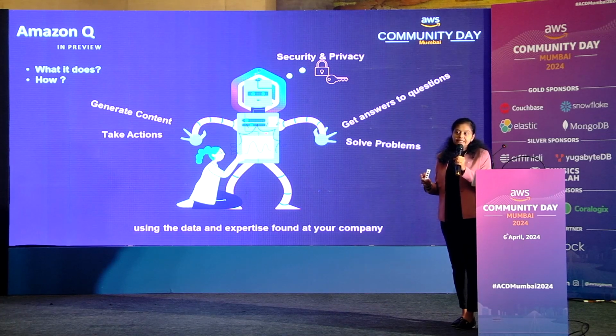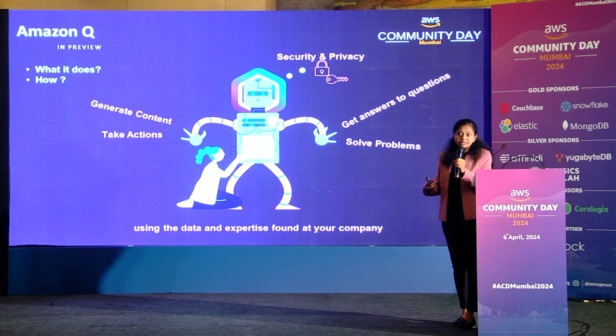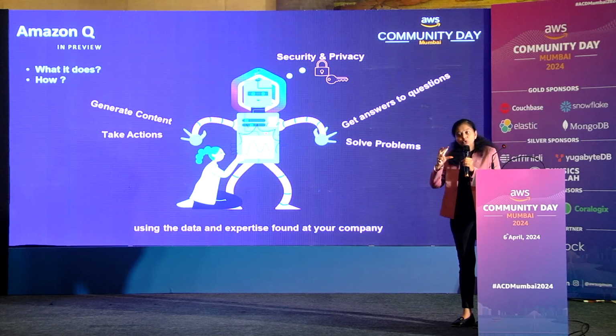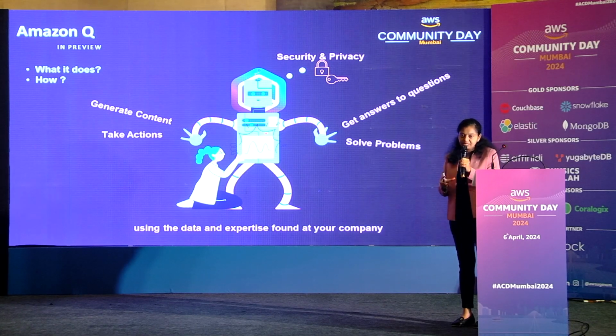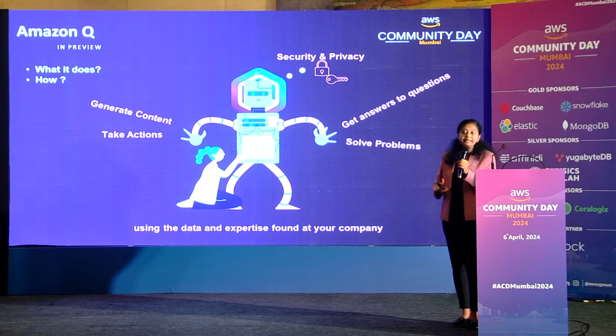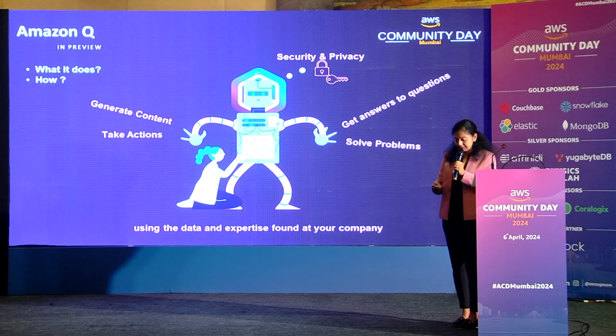So having GenAI applications which will help them to upskill themselves, get accustomed to the processes and the documentation available, will be easier if you have an onboarding application, right? That means you have to create a custom application with your own data, bring in the expertise that is relevant, and then provide tailored content to your audience. So for such use cases, Amazon Q will be the best thing to do.